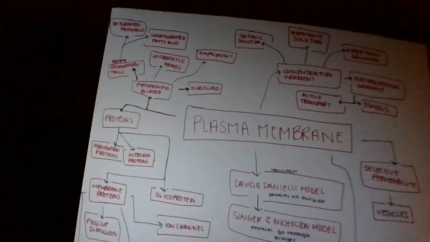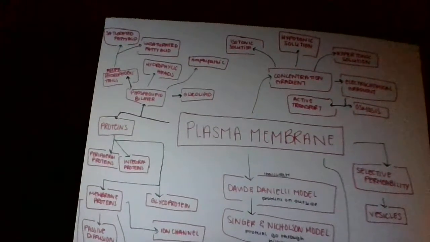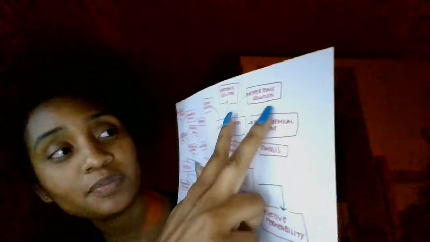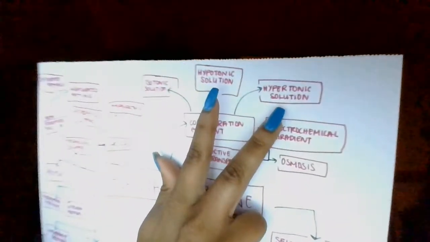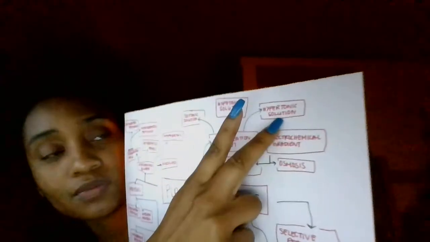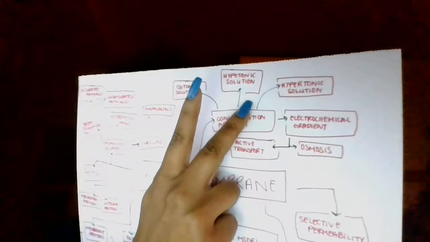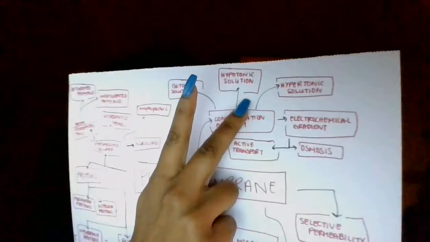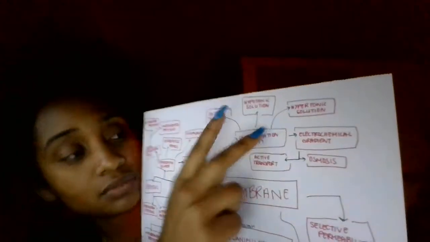And like I said, hypotonic and hypertonic solutions are when the environment has different levels of solute than the cell does. Hypertonic means the environment has more, and hypotonic is when the environment has lower levels of solute than the cell does.